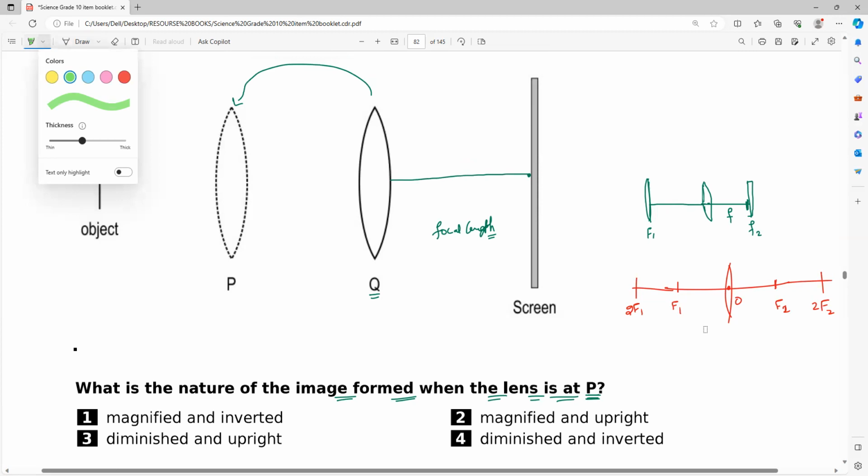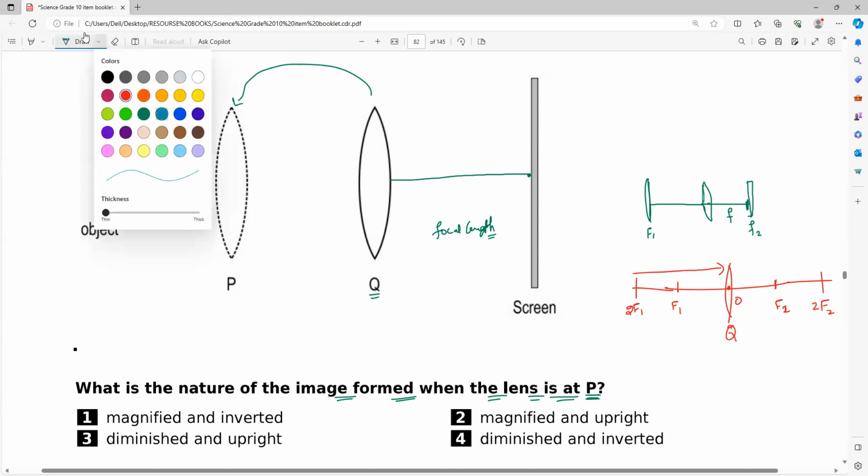Now imagine that the Q position is here. All of you see that. Here is the Q position. Now light is coming and the image is forming on the screen.